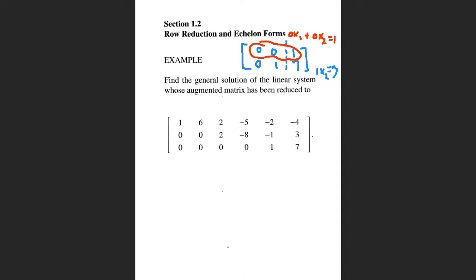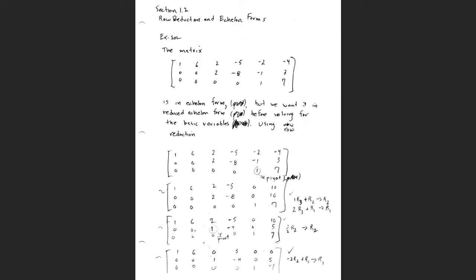But all right, we want to find the general solution. So we're going to try to get this augmented matrix in reduced echelon form. Let's go to the next page. We're going to use row reduction to do this.